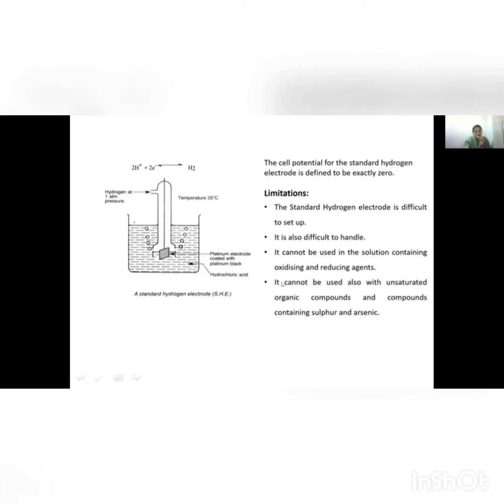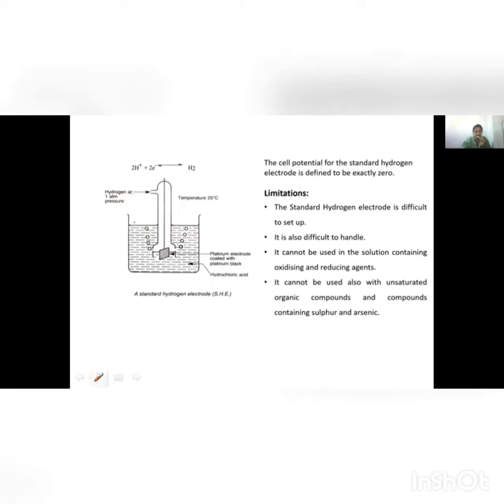The standard hydrogen electrode can be coupled with another electrode to find out the EMF of the cell. This gives the electromotive force, that is the EMF of the cell.